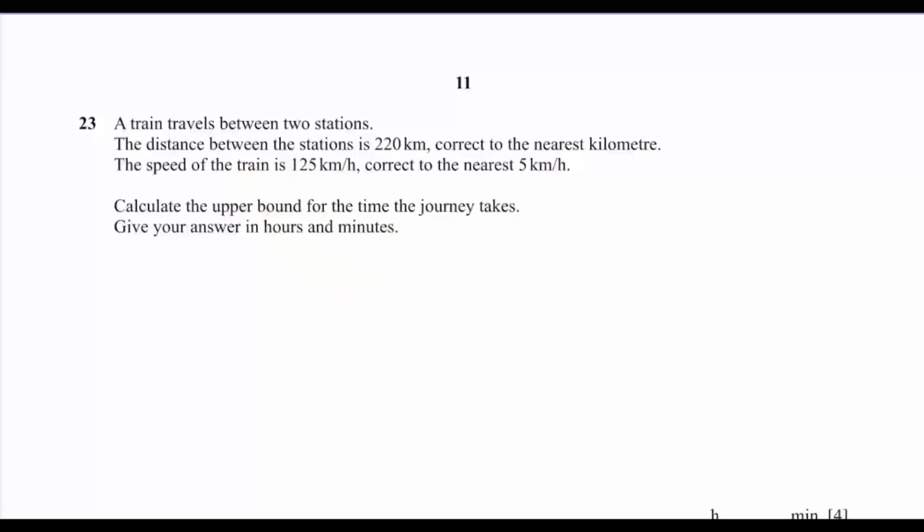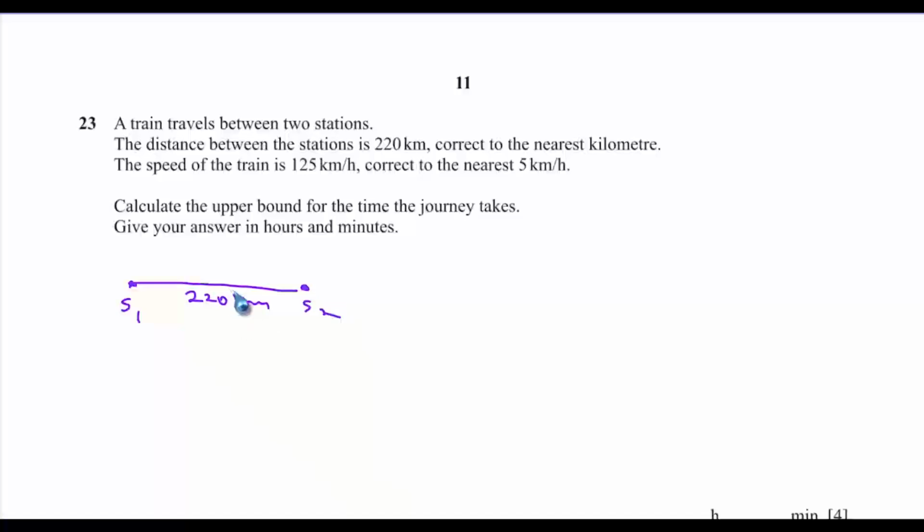So the next question is the last one. A train travels between two stations. So let's say this is the first station, S1, and this is the second station, S2. The distance between the stations is 220 kilometers. That means from here to here is 220 kilometers to the nearest kilometer.